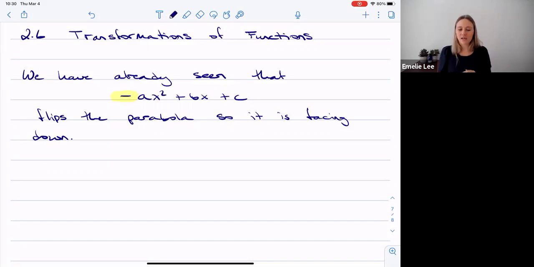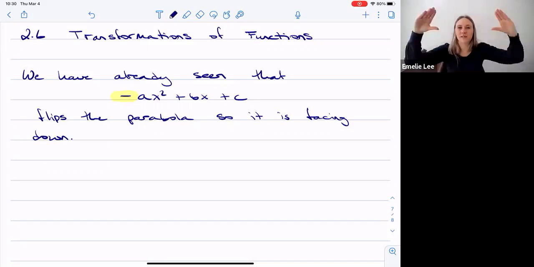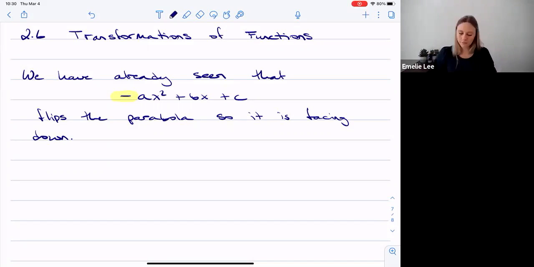And so just like we know those default functions, quadratics, root functions, reciprocal functions, we know what their shapes are. We need to say, okay, well, this is a reciprocal function, but it's been lifted up by 2 points, for example. And so we need to know these transformations of functions.